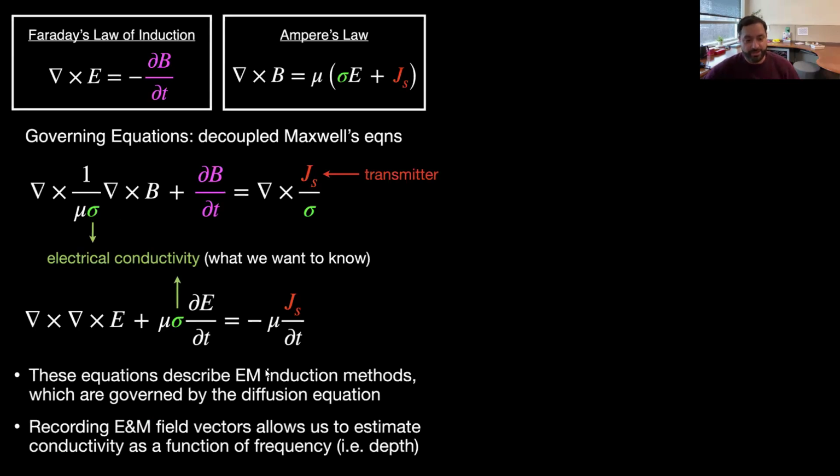So these methods are induction EM methods, and they're governed by the diffusion equation. And so that gives you a sense of what kind of resolution we might have from these types of observations. They're not going to have the resolution of wave-based methods like seismics, but they're also going to have much more resolution than potential fields technically. Potential fields don't have any resolution.